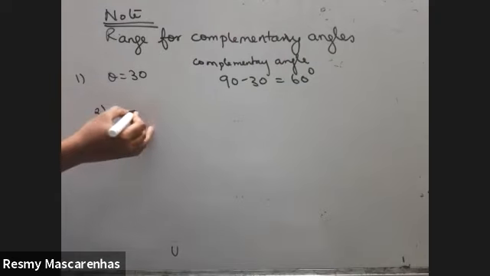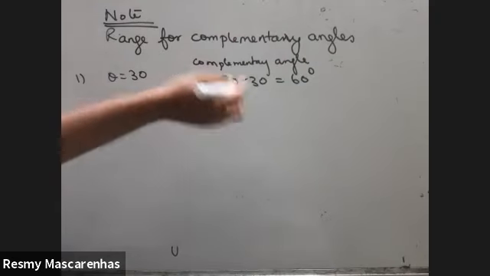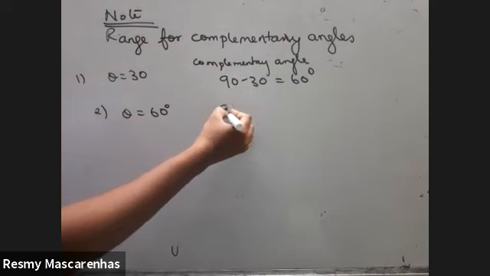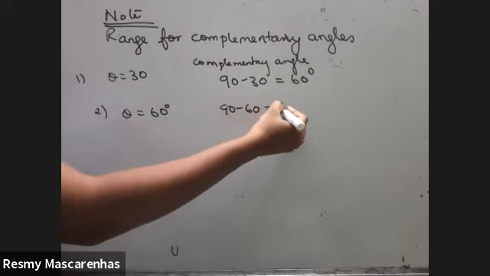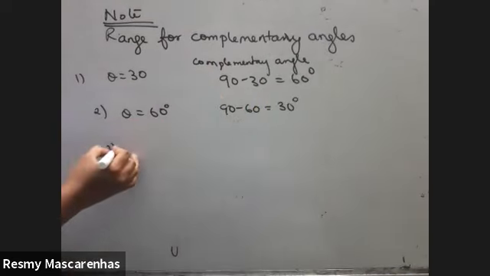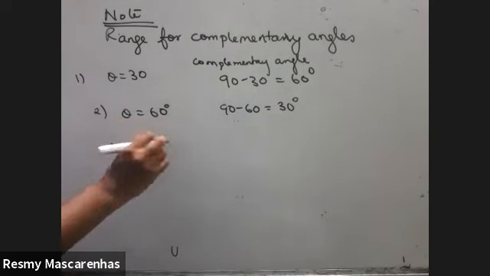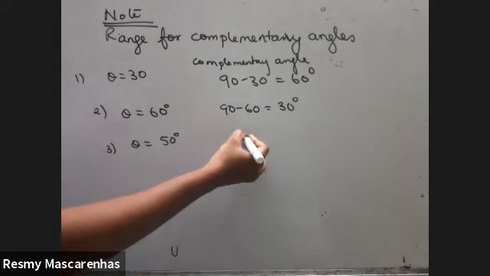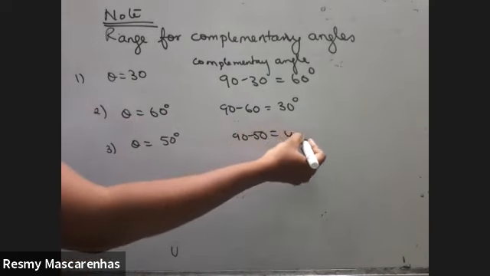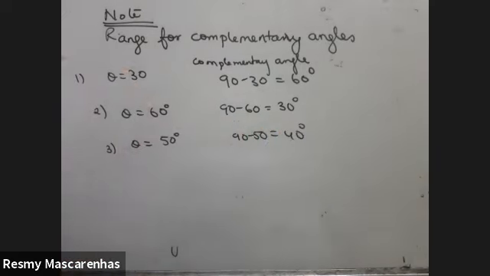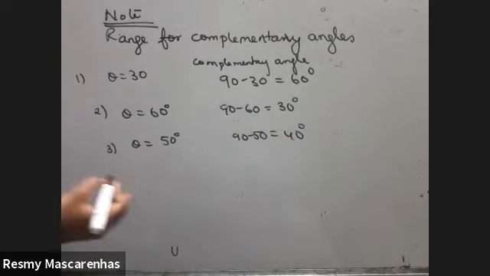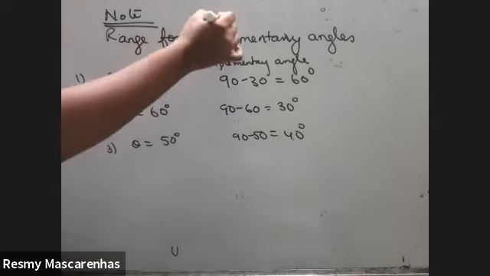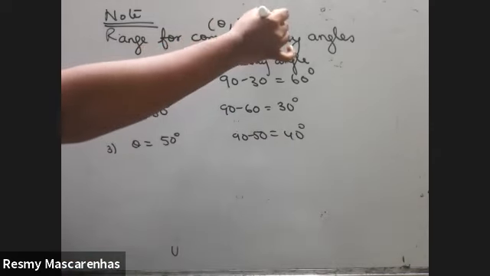If I have theta as 60, then the complementary angle of 60 would be 90 minus 60, that is 30. Same way, if I have theta as 50, then the complementary angle will be 90 minus 50, which is 40. So which are complementary angles? Theta and 90 minus theta.